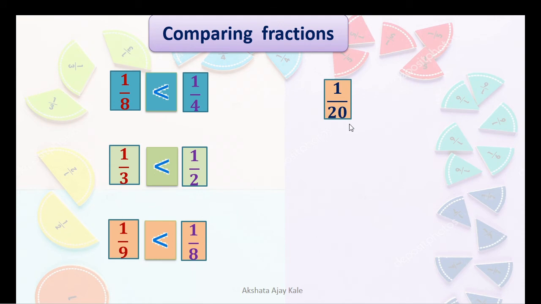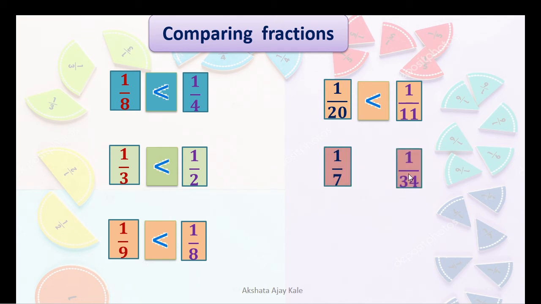Here 1 upon 20 and 1 upon 11. Making 20 pieces and selecting 1 piece is absolutely smaller than making 11 pieces and selecting 1 piece, isn't it? So 1 upon 20 is smaller than 1 upon 11. Now 1 upon 7 and 1 upon 34. Making 7 pieces and selecting 1 piece.